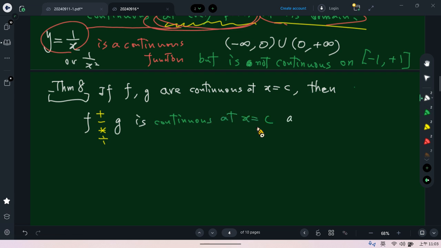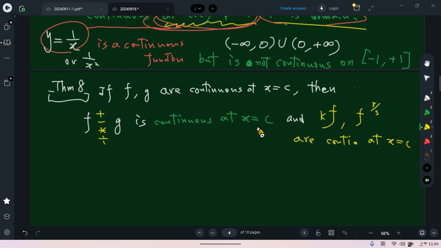And besides, k times f or f to the power of r over s, they are also continuous at c.